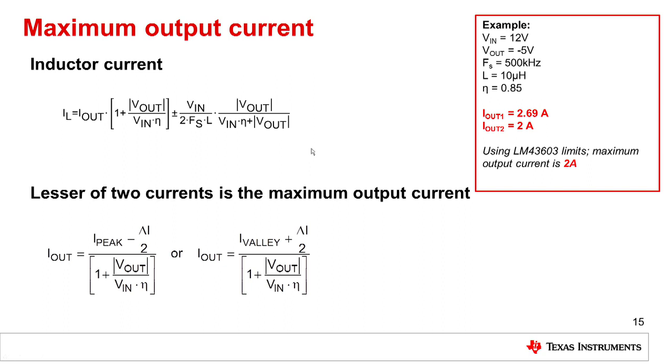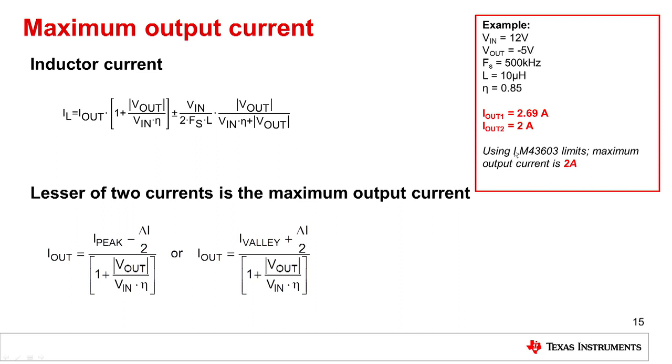So again, that brings us to the maximum output current, which is sort of just another way of saying the average inductor current. This equation allows you to calculate the maximum output current given the peak and valley current limits of your particular device. Let's take a look at another example. Basically, this is the same one as previously, 12 volts in, minus 5 volts out.